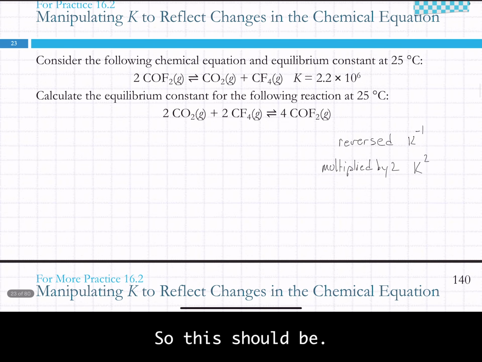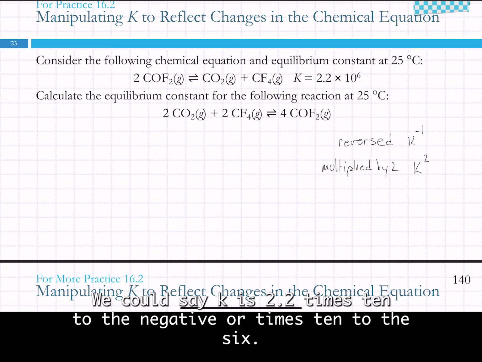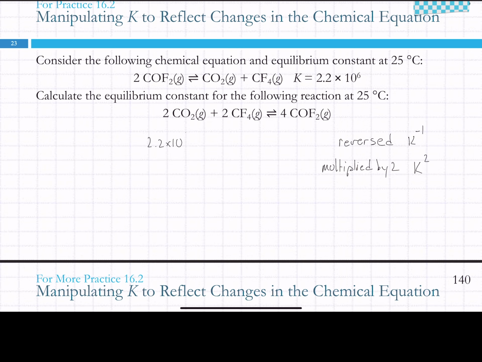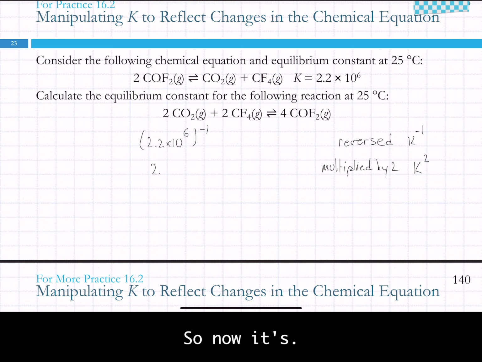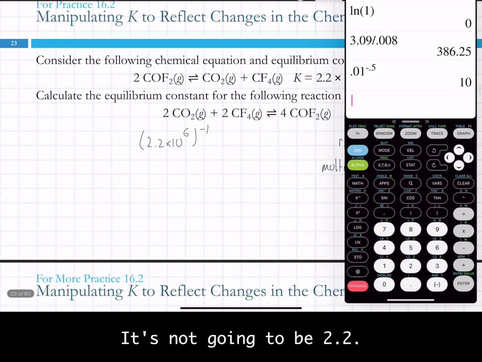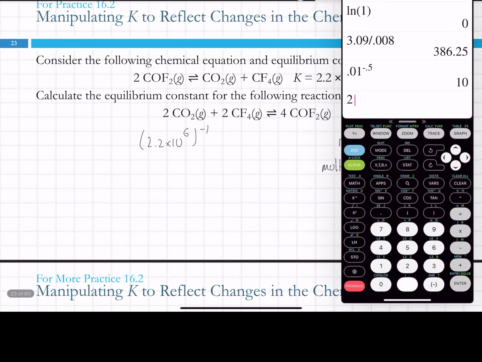So this should be, and then we can take our k, we could combine those. We could say k is 2.2 times 10 to the 6. I need to raise that to the negative 1, so now it's, oh, it's not going to be 2.2. Not so simple.